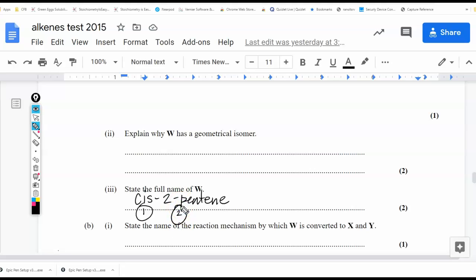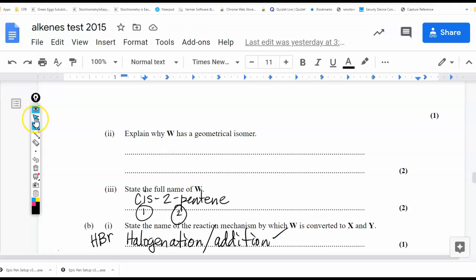State the name of the reaction mechanism by which W is converted to X and Y. And so you'd be able to say halogenation, and you would have to say also addition. So make sure that you get addition into it, because I really think it's addition they're looking for, but this specifically was the result of adding the HBr onto it to get the Br only in one place.